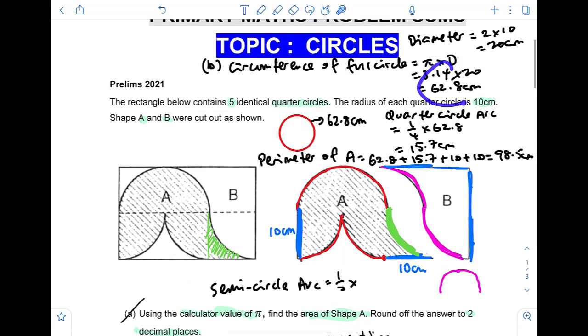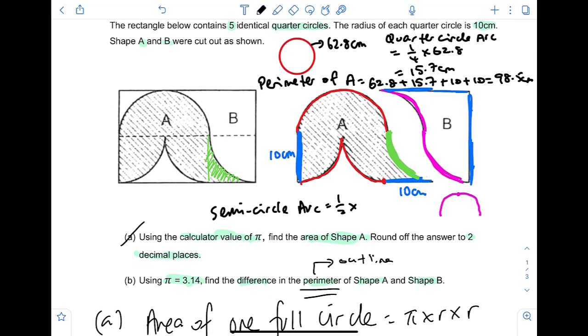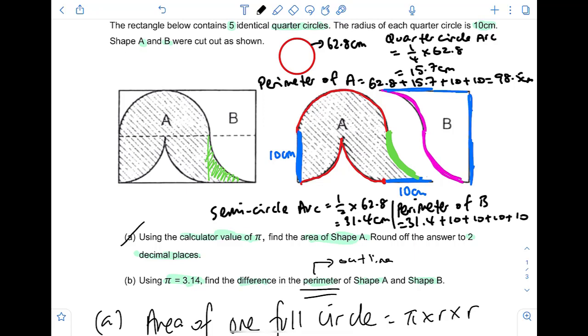The circumference earlier on is 62.8, so half is 31.4 cm, and we'll take this plus 10 plus 10 plus 10 plus 10, or you can take 10 times 4 first and then add them together. So the perimeter of B will be 31.4 plus 10 plus 10 plus 10 plus 10, which is 71.4 cm.